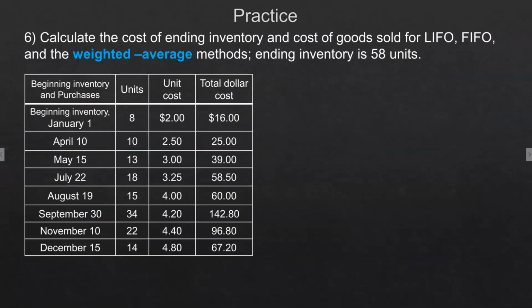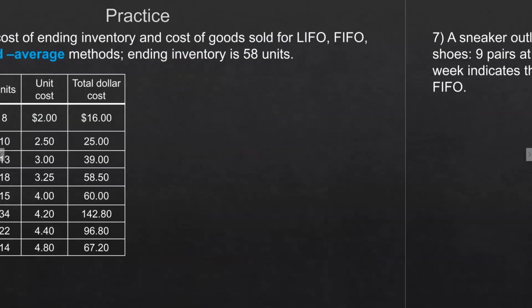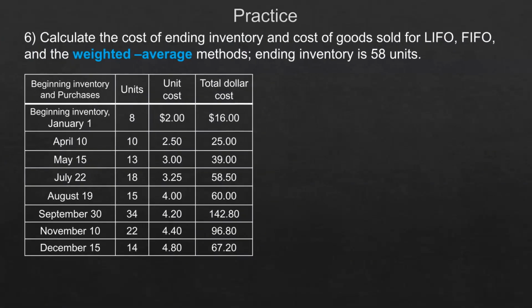And then we have the next one, which is weighted average. And I may have to make a third video to finish all of this. Okay, so I think I'm just going to pause here. No, I'm going to go ahead and do this one and then we'll do the last two.